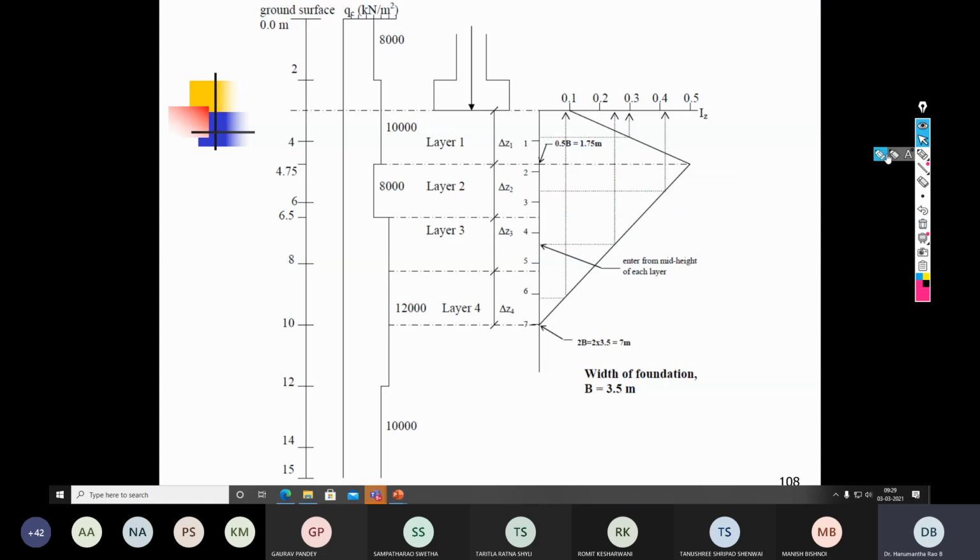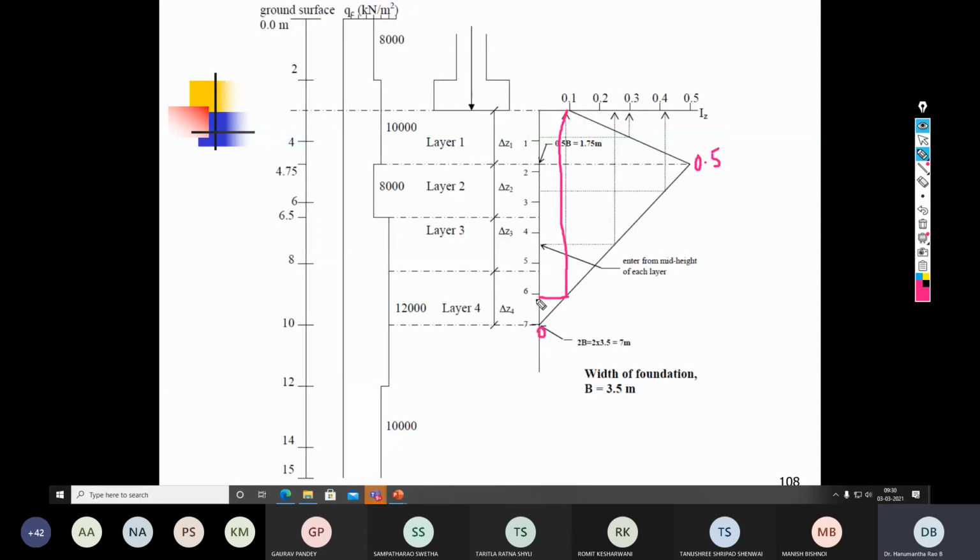Similarly, for layer number 4, at the middle of the layer the depth is 6.25 meter. Here also you need to interpolate between 0.5 and 0. At a depth of 1.75 meter it is 0.5, and at a depth of 7 meter it is 0.